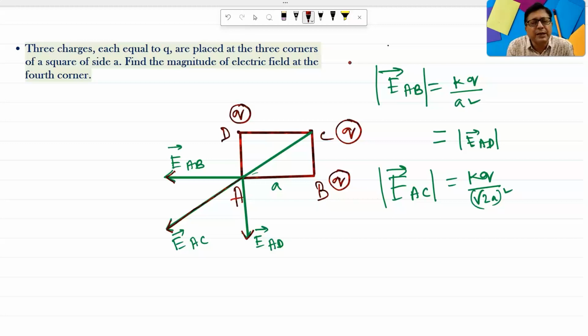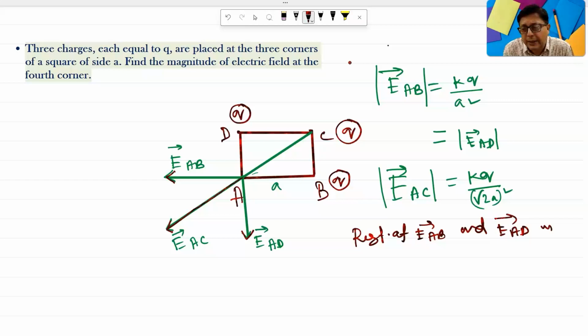So don't you think that the resultant of EAB and EAD is along EAC? It's a very simple observation. So the resultant electric field will be directed along EAC only.